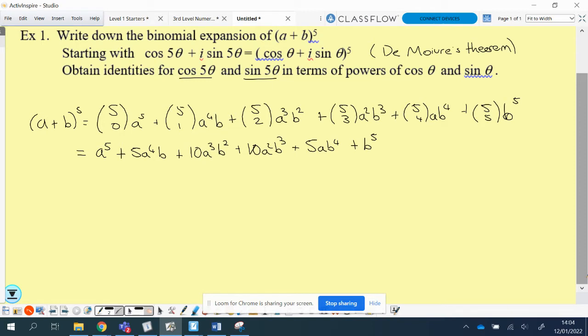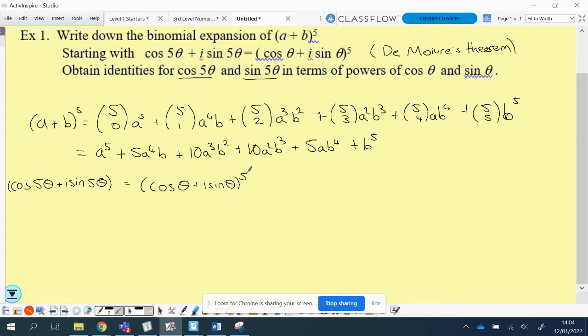Well, we're now going to start off with the second bit. We know that if I've got cos 5 theta plus i sin 5 theta, then using De Moivre's theorem, but in reverse, that is the same as cos theta plus i sin theta to the power 5.